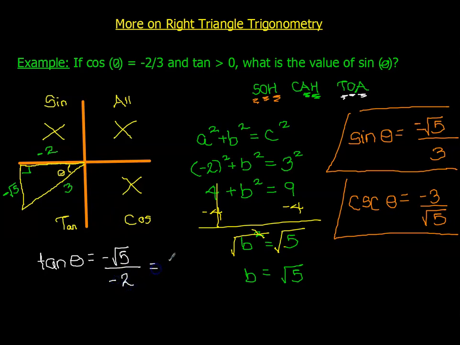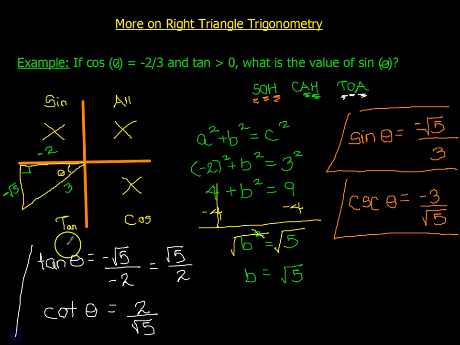Two negatives make a positive, so that's square root of 5 over 2, which makes sense because in quadrant 3 tangent should be positive. If I flip the fraction, I'll get its reciprocal cotangent, which is 2 over square root of 5, which again you can rationalize depending on what the multiple choice answers are.